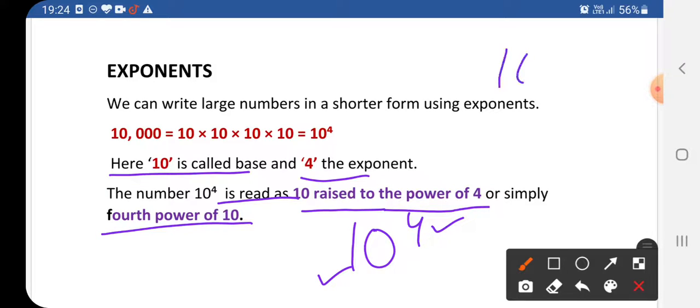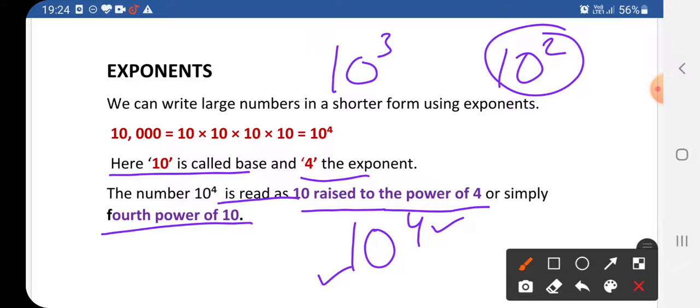Like 10 to the power 2 can be read as 10 raised to power 2, but it's better to say 10 square because we know there is a proper word for it, that is square. So 10 square. It is 10 cube. You can say 10 raised to power 3, but it's better to say 10 cube because there is a shorter way to speak. Yes?